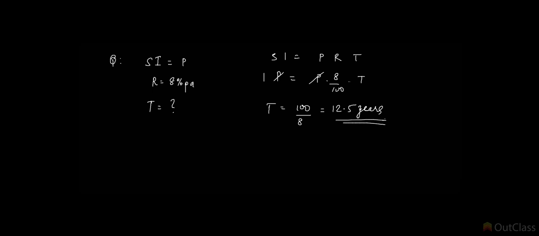Again, same formula, SI is equal to PRT, but I'll simply just write P is equal to P into 8 by 100 into T. The P's will cancel and you'll get 1 here, so you basically have T is equal to 100 by 8, which is 12.5 years. So at a rate of 8% per annum, a principal will generate an interest equal to itself in 12.5 years.